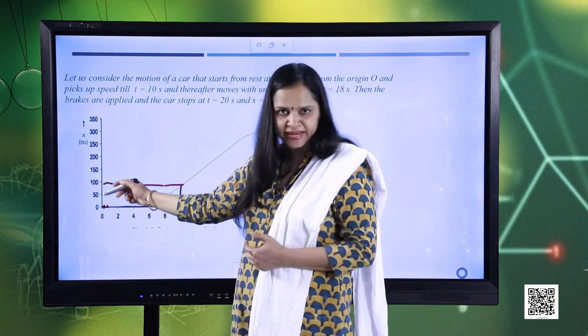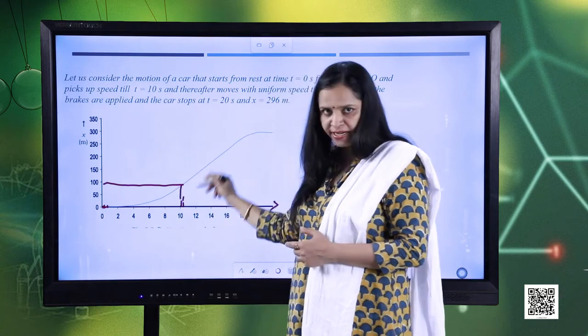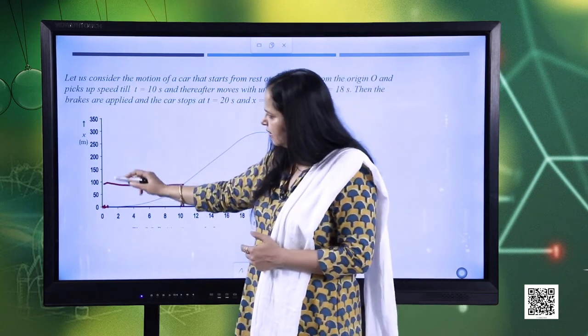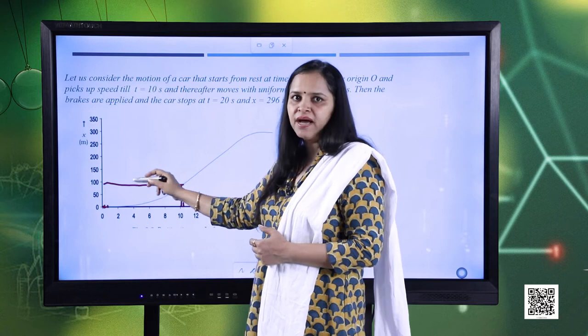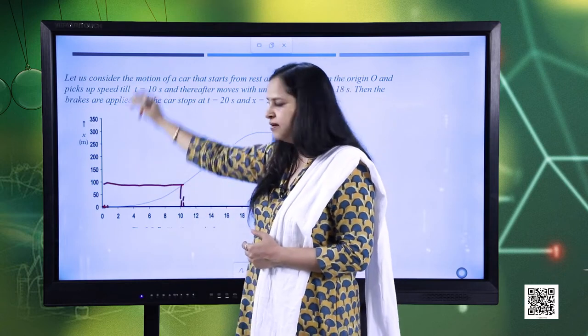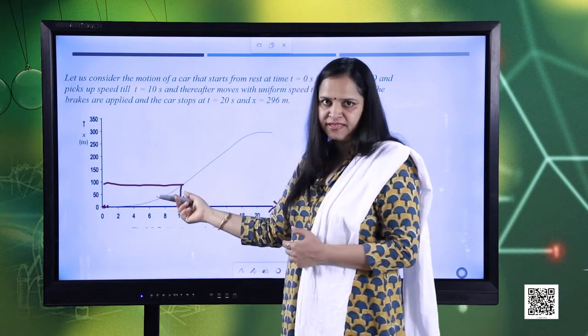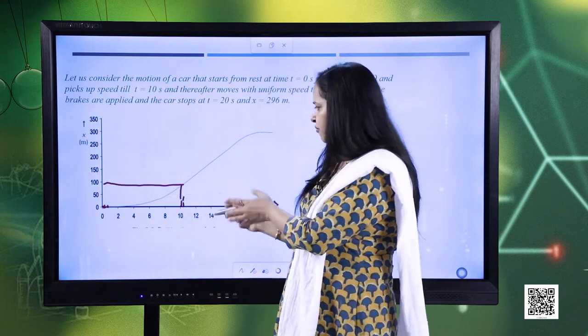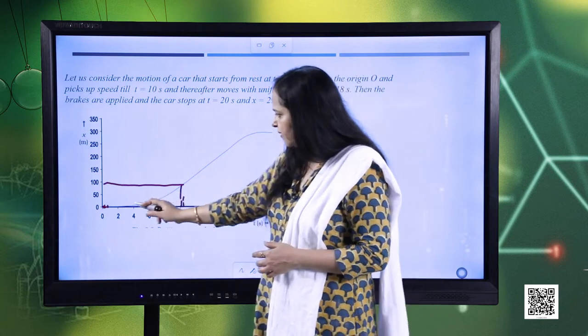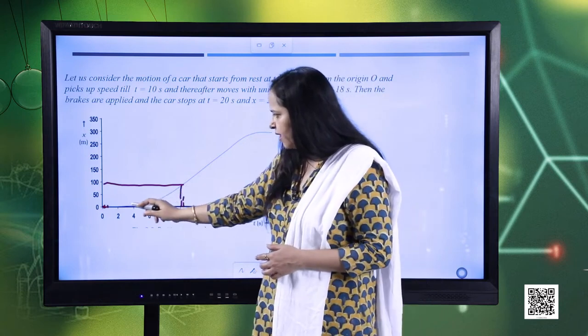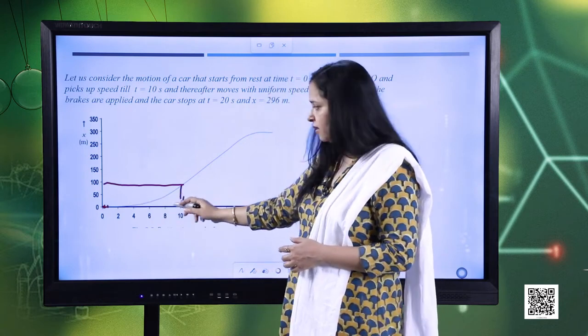We can drop the perpendicular with a dotted line, and see where this dotted line intersects the position axis, and that will be the particular position after 10 seconds. So by the time it picks up speed, we see that we have got a curve.